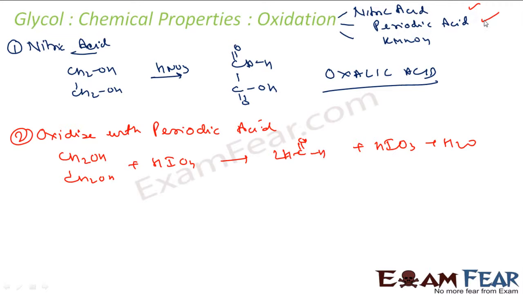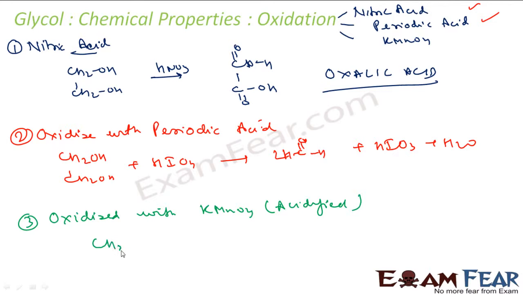The next is KMnO4. So if it is oxidized with KMnO4, in fact acidified KMnO4. So same CH2OH, CH2OH, this reacts with acidified KMnO4.